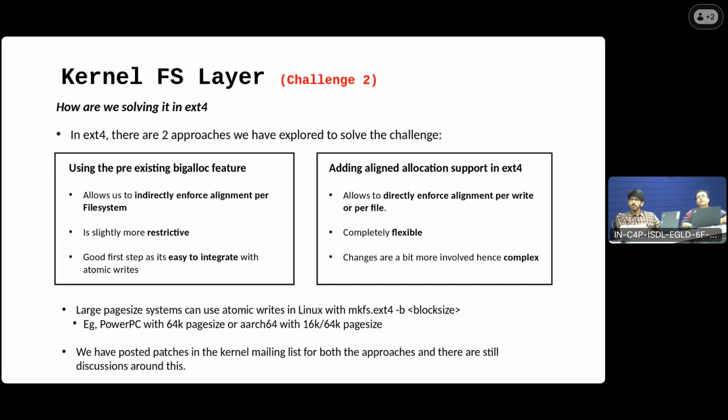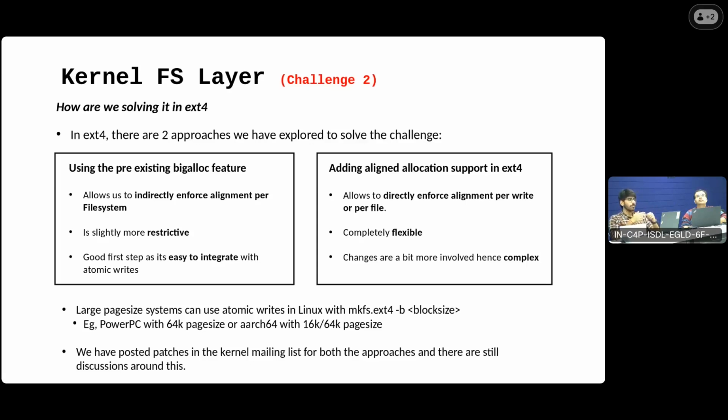So let's go briefly through how we try to solve these in ext4. In ext4 there are 2 approaches that we have explored. One is a pre-existing feature in ext4 called big alloc. As I said, the file system allocates in blocks of 4 KB if the block size is 4 KB, and it can't go beyond that because it's usually limited by the page size of the machine.